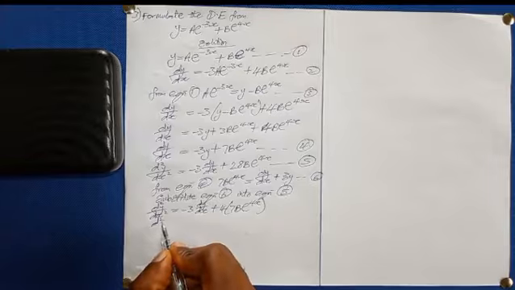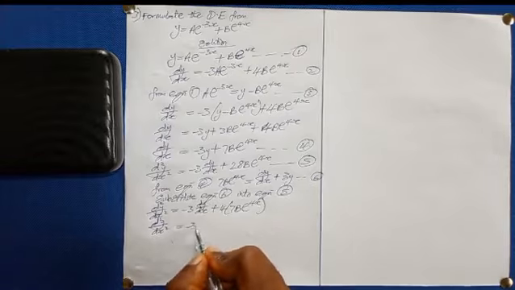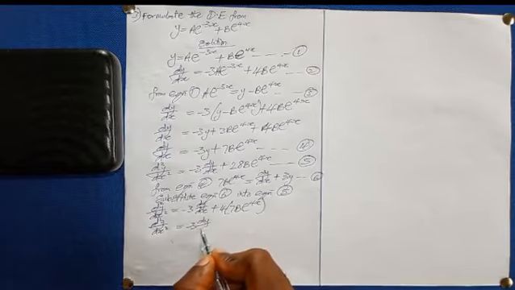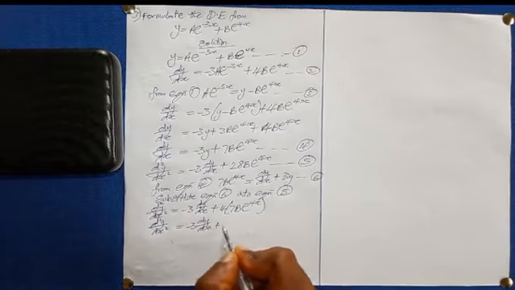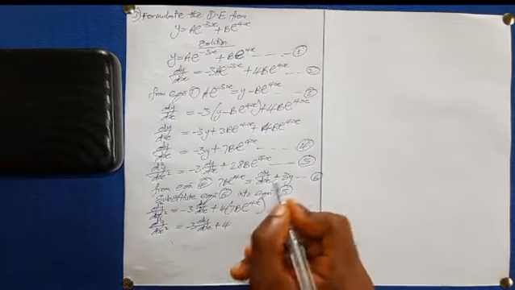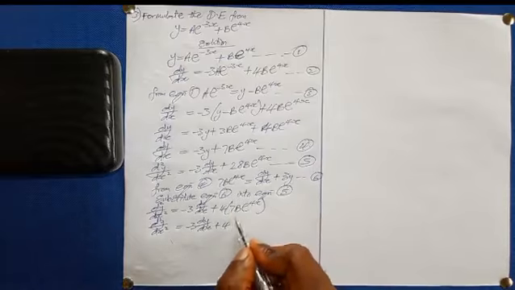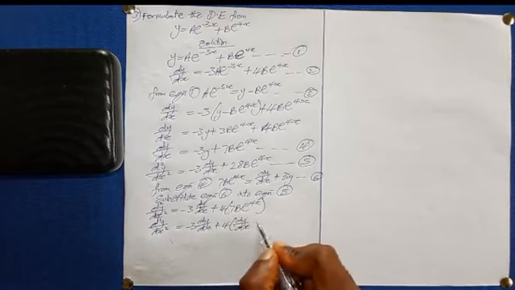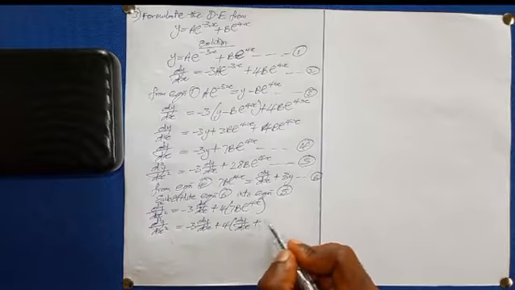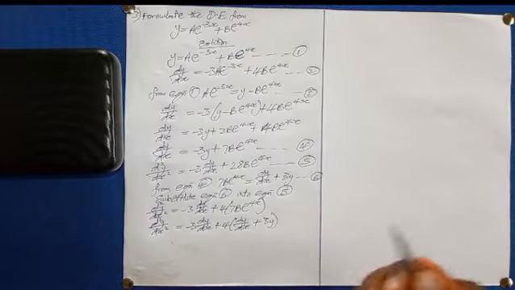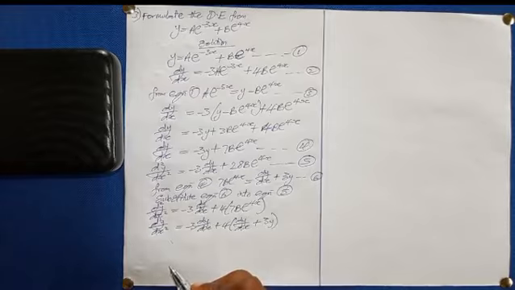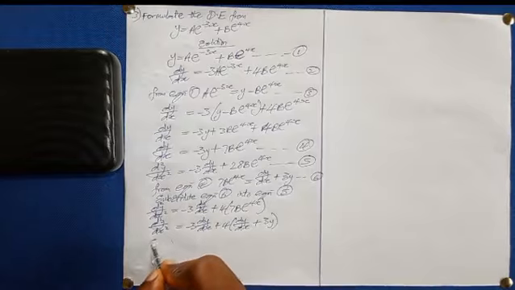d²y over dx², we are almost there, equals minus 3 dy over dx plus 4 times dy over dx plus 3y, and then we get to the final answer without wasting much of our time.